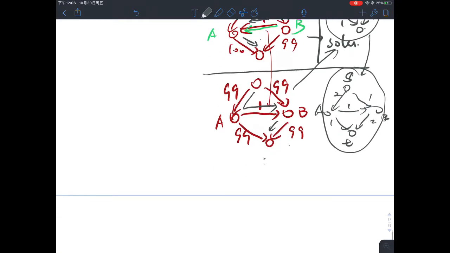If you keep doing that, you will see this kind of residual graph, and what's going to happen is that the numbers here are going to gradually decrease.